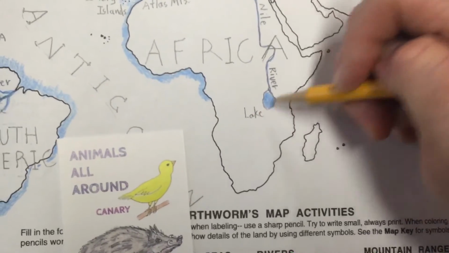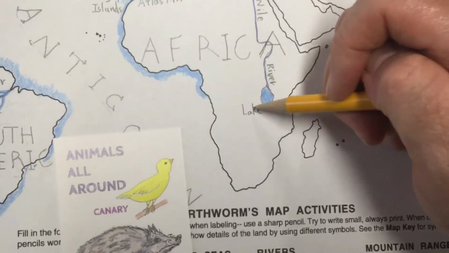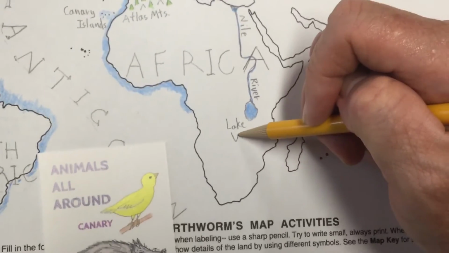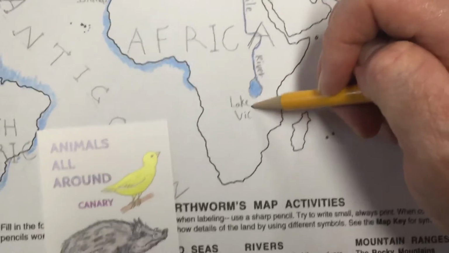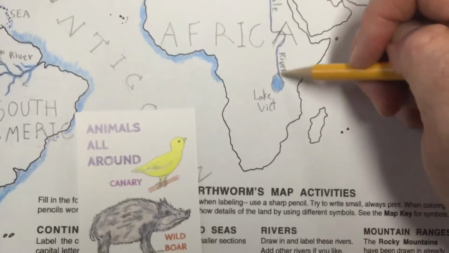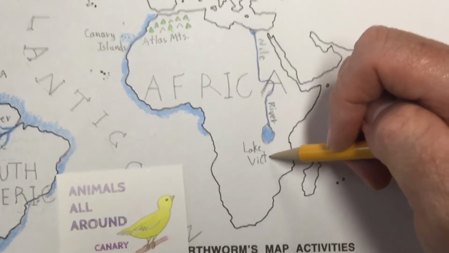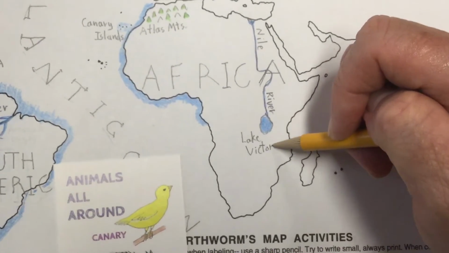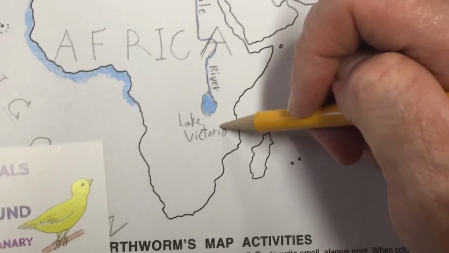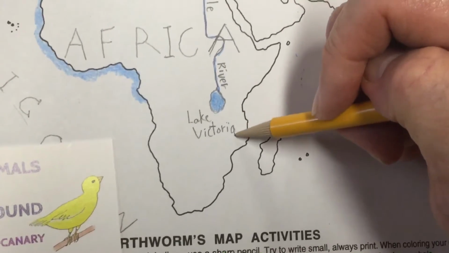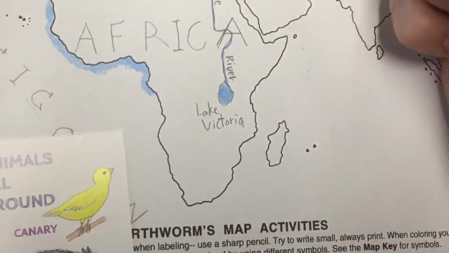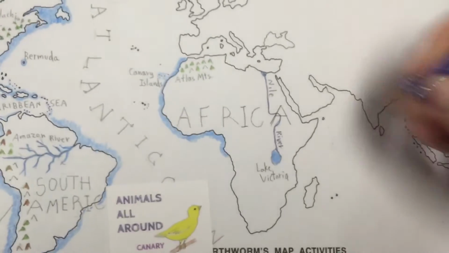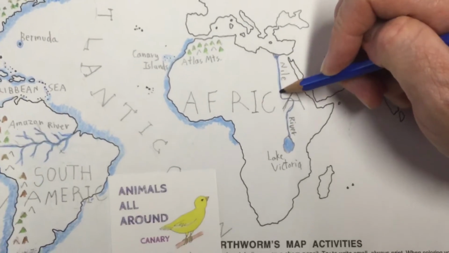That would be kind of nice to identify that large lake right there, kind of close to the source of the Nile River. Okay, good. Make sure you get that blue to stand out.